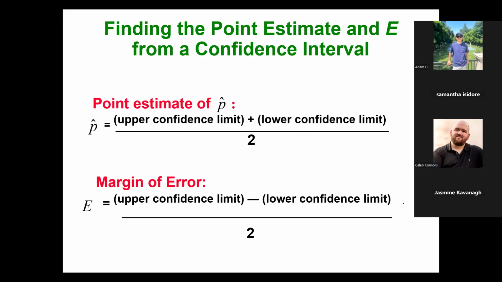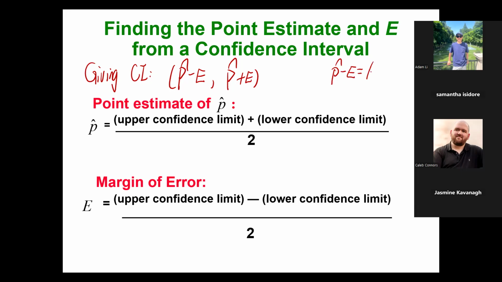And the last part is, let's say you are given a confidence interval, and then you want to figure out the p hat and the margin of error. So we could do this. Basically p hat minus the margin of error, so we consider the lower limit.